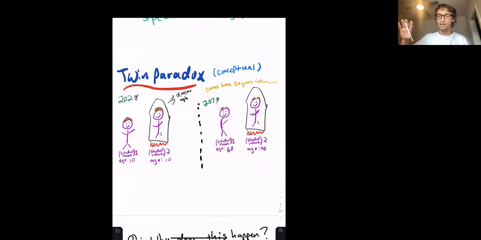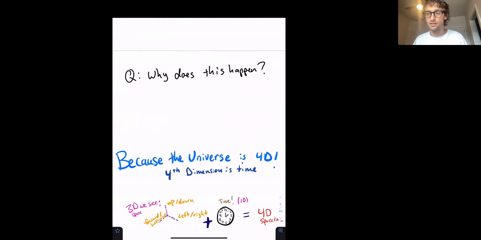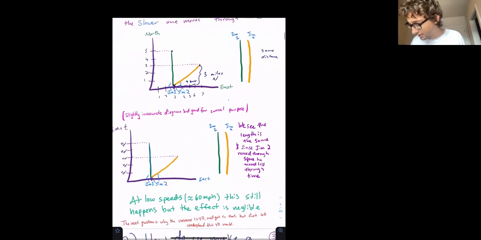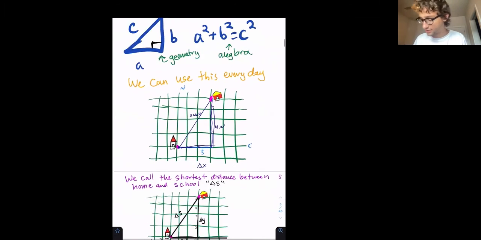So they kept one clock on Earth and put one clock on a moving aircraft. And when they came back, the clocks differed by the exact amount predicted by this theory. And we see this in other aspects too, like with particle physics, where particles are going really fast. So there's a lot of experimental evidence for this.